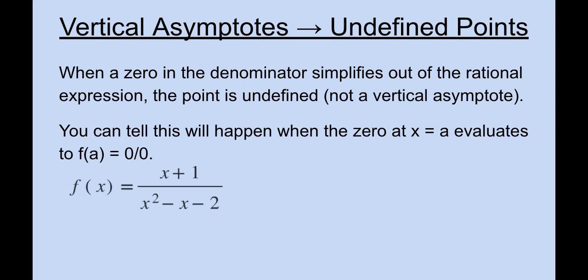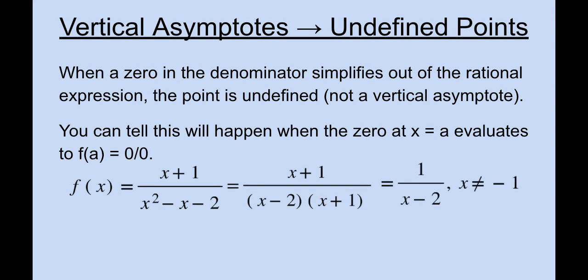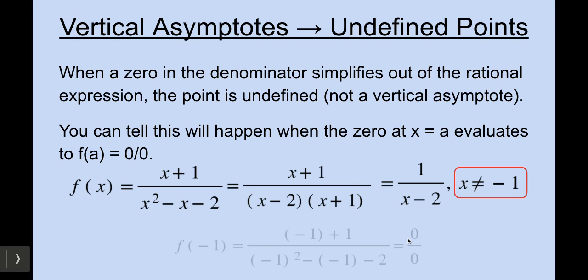So here's the one that we did before, right? And we know that if we factor it all out, the x plus 1s divide out. Well, what happens if I plug in this -1 to this function? I'll get -1 plus 1, which is 0, and -1 squared minus (-1) minus 2 is 0.